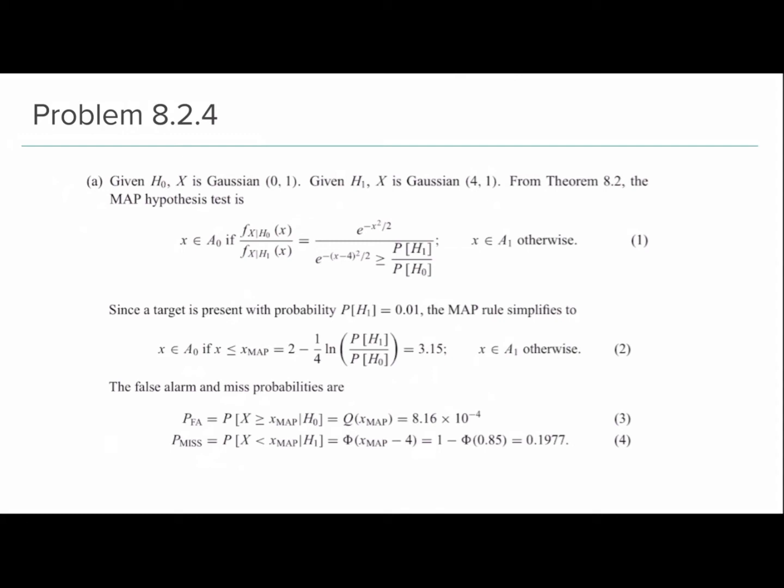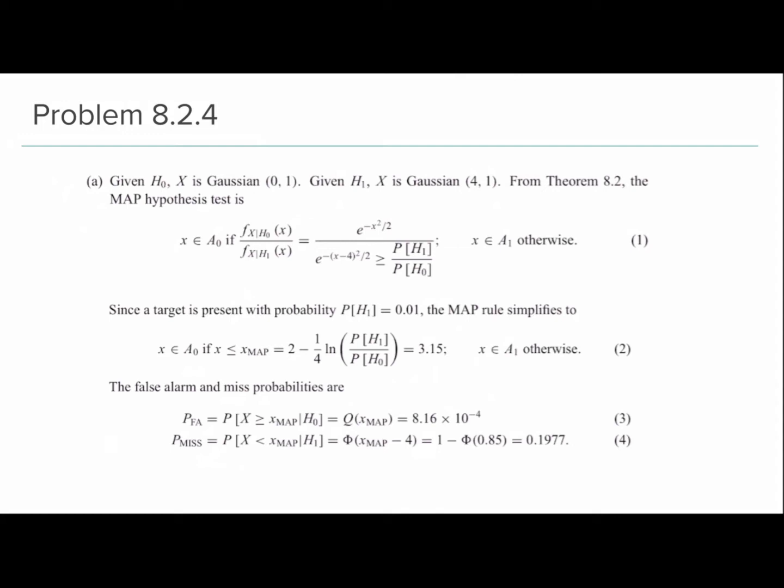Using the formula for the MAP hypothesis test, x will belong to a naught if f of x given h naught of x divided by f of x given h1 of x, which is equal to e raised to the power minus x squared divided by 2 divided by e raised to the power minus (x minus 4) whole square divided by 2, is greater than or equal to p of h1 divided by p of h0, not just the denominator. That appears to be a typo, so I hope everybody understands what I'm saying.